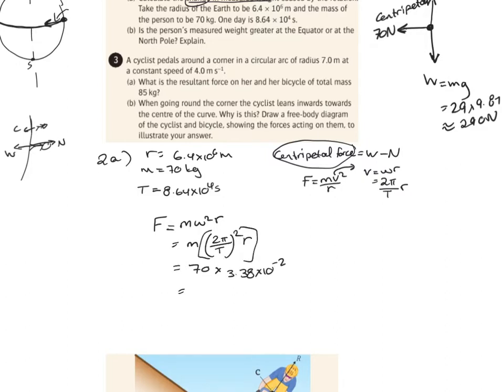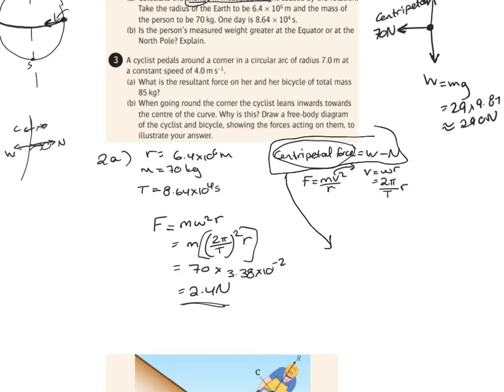So then we end up with 2.4 newtons. So if I go back to the original equation I wrote, I wrote centripetal force, but this is the answer. You don't need to do anything extra, but I just wanted to explain it.